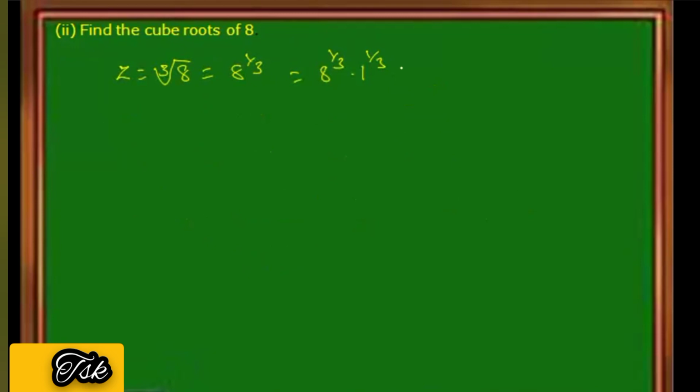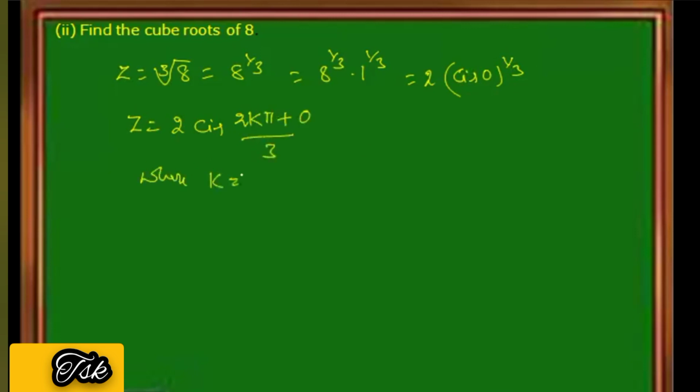So 8^(1/3) can be written as 2, and 1 can be written as cis 0 whole to the power of 1/3, since it contains 3 roots. So z can be written as 2 cis((2kπ + 0)/3), where k is equal to 0, 1, 2, 3 roots.